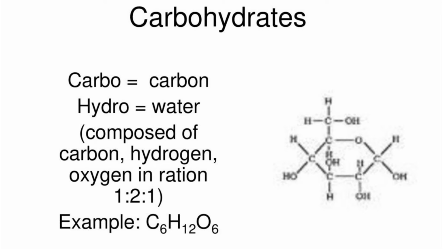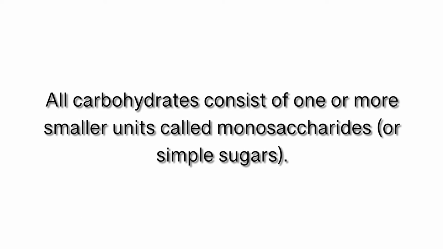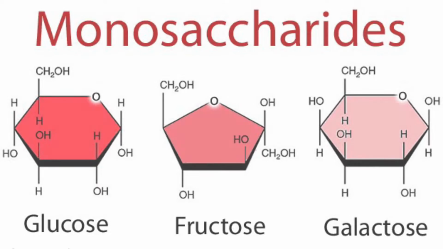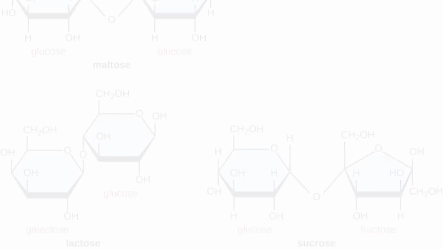Carbohydrates are molecules made up of carbon, hydrogen, and oxygen. There are thousands of different carbohydrates, but they all consist of one or more smaller units called monosaccharides, or simple sugars. There are three monosaccharides: glucose, fructose, and galactose. When two monosaccharides are joined together by glycosidic bonds, this is called a disaccharide.